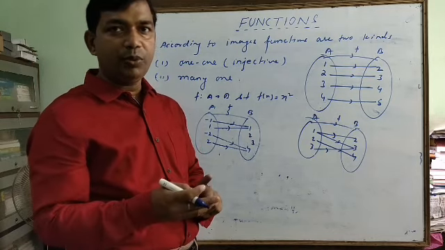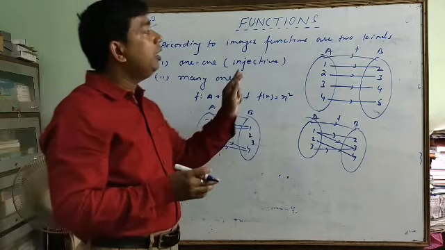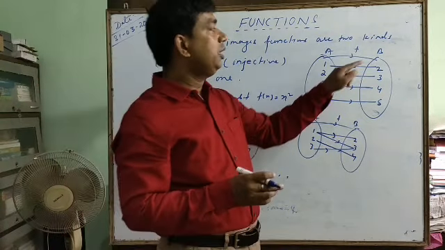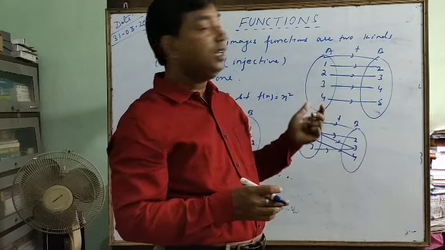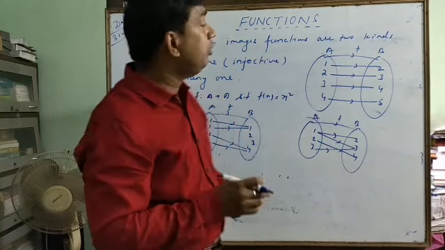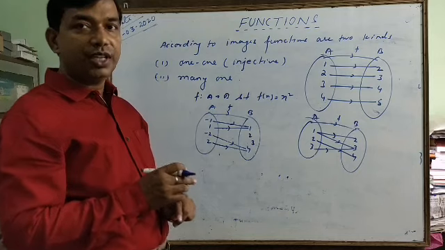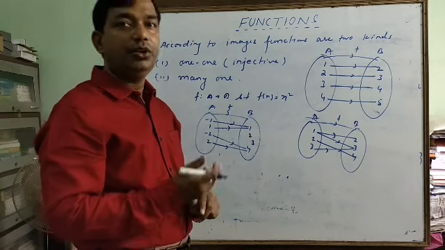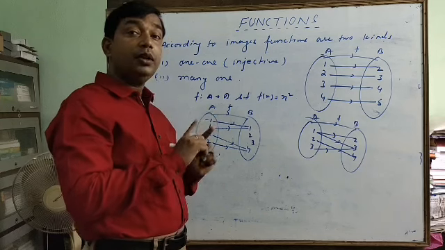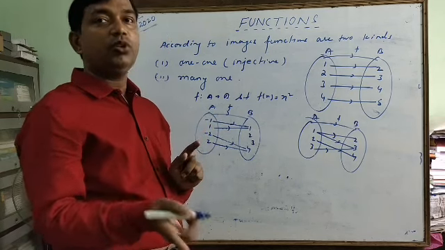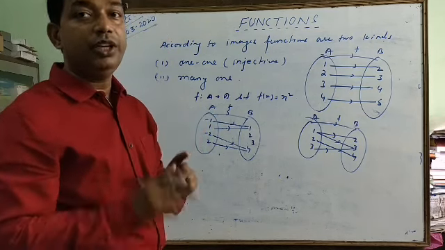Another definition of onto: if f is a rule from A to B, then every element of B has at least one pre-image in A, then it is onto. And if range and codomain are not same, then it is into. So just take care, if f is not onto, then by default it is into function.